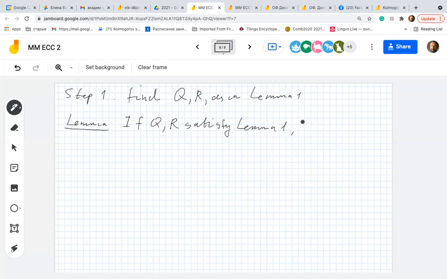Then p of x is equal to r of x divided by q of x.